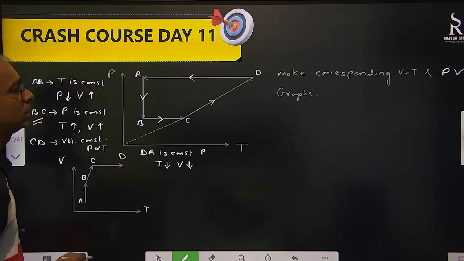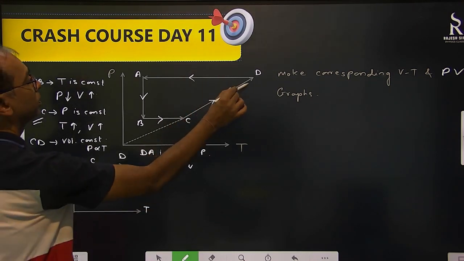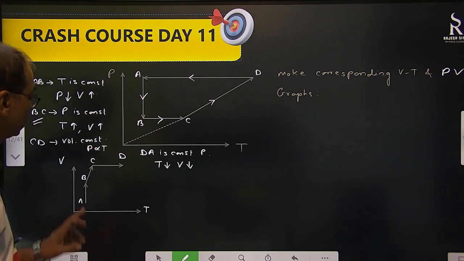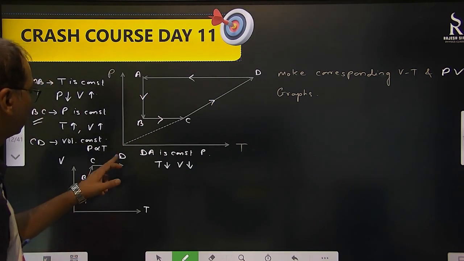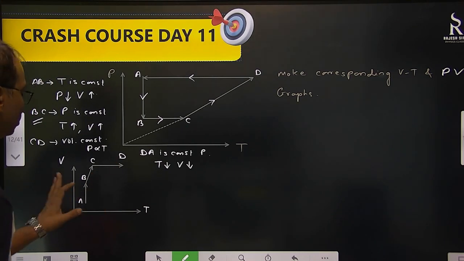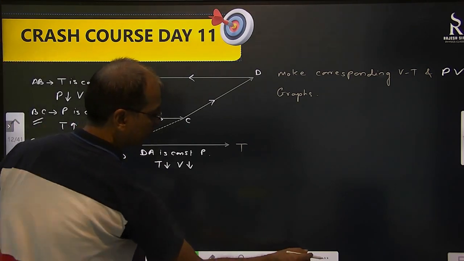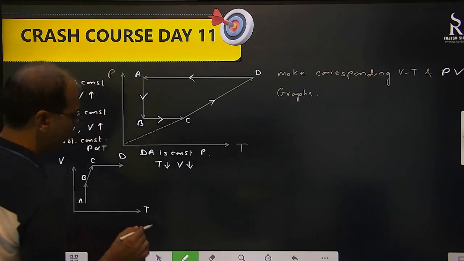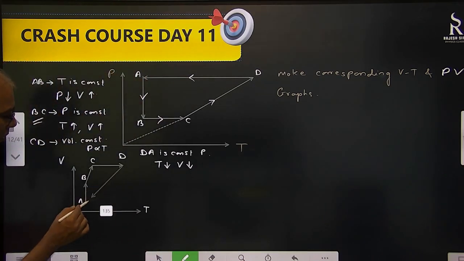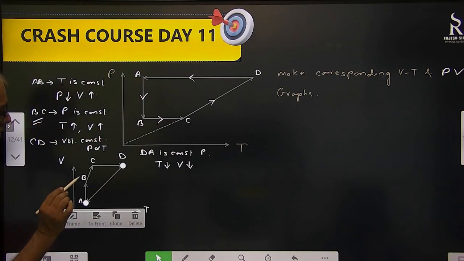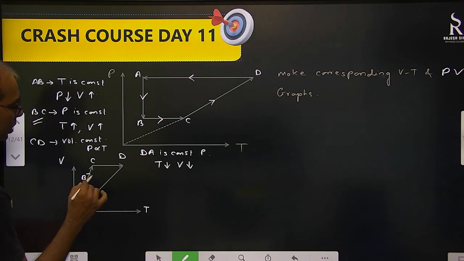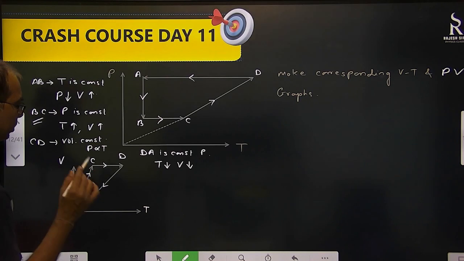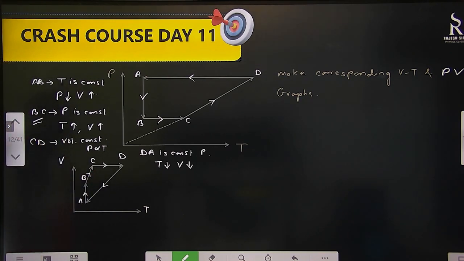Now what is DA? DA is constant pressure, and it's a VT graph. That means again it should look like it's coming from the origin. But it's a cyclic process, so D has to be joined with A. Okay, we'll join D with A. So yes, it looks like it's coming from the origin only. That's perfect. So AB, BC, CD, DA. This is your VT graph.